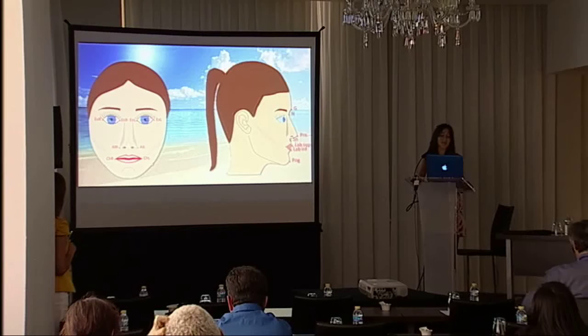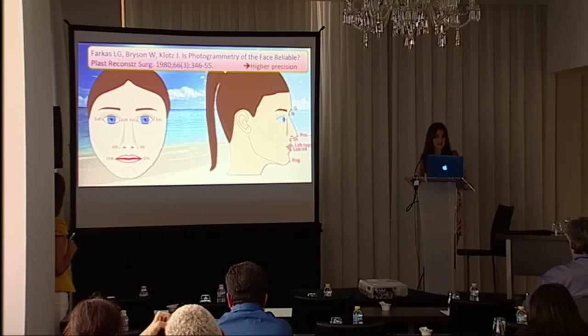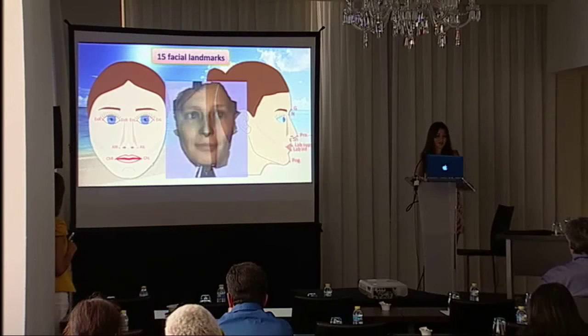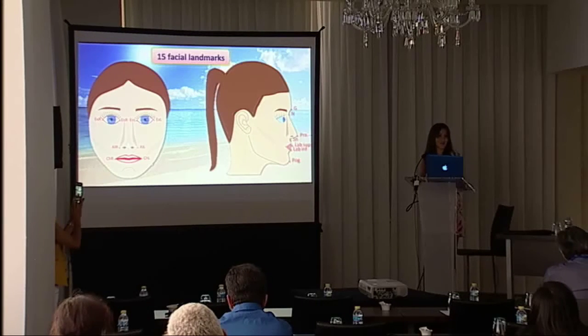The decision to place paired landmarks on frontal images and single mid-sagittal landmarks on sagittal images was done for higher precision. In total, 15 facial landmarks were placed twice by the 3 observers on each of the pictures of the 30 subjects.